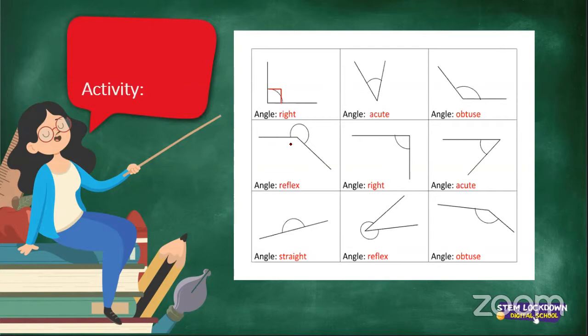Then we have a reflex angle. Your reflex angle is basically, if you have your right angle here, your reflex goes down. It goes over 180 degrees. It goes over a straight line. So this is basically your right angle showing the bottom part of it. And then you have your acute angle showing this way as well. And then you have a straight line.